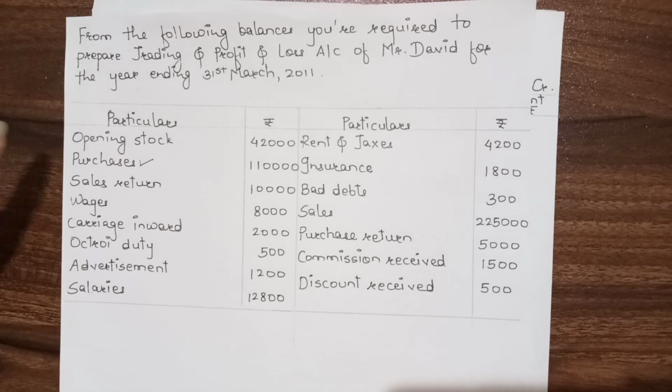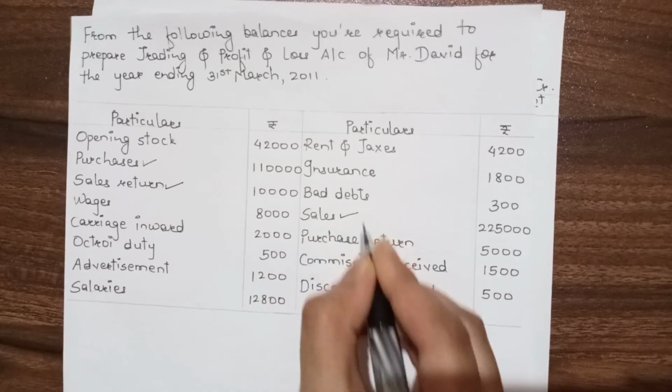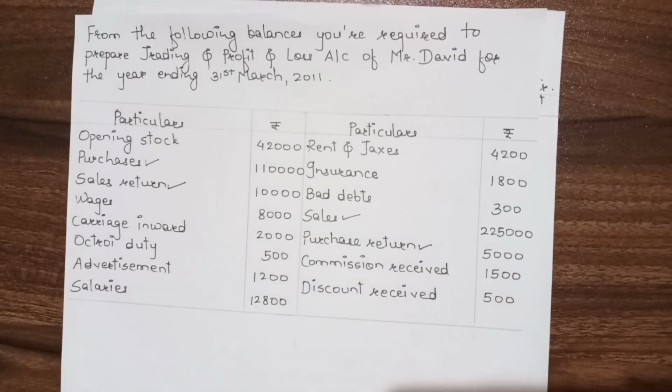Again, sales return, this is also an adjustment on sales. So we will tick mark sales return as well as sales and purchase return. If you tick mark them in the question, you will find it very convenient to post the items, and remember that you have to solve adjustments on these tick-marked items.